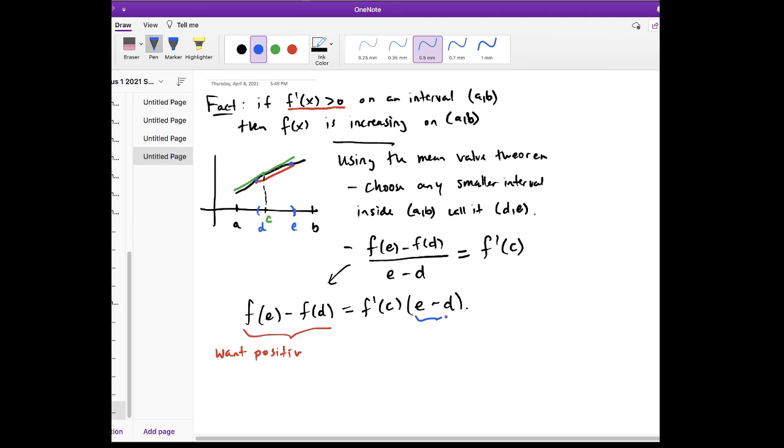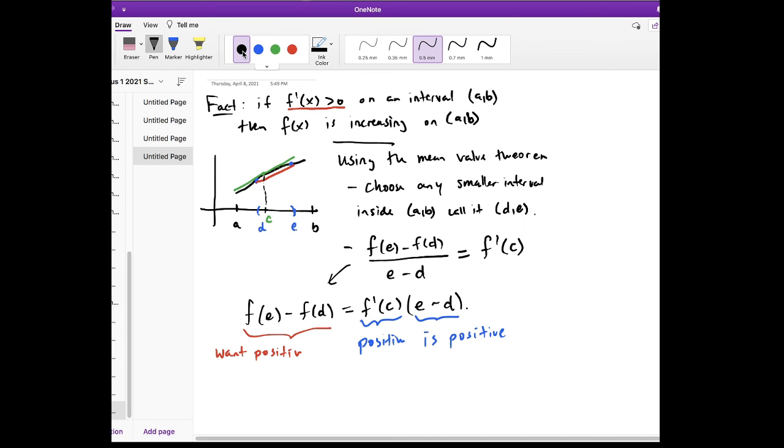What is E minus D? Is that positive or negative? Yes, that is positive, because E is to the right. And what is f prime of c? Is that positive or negative? Positive, right? That was the supposition.